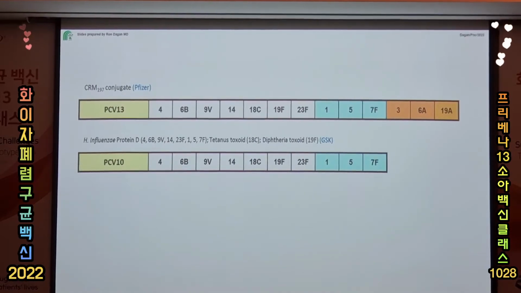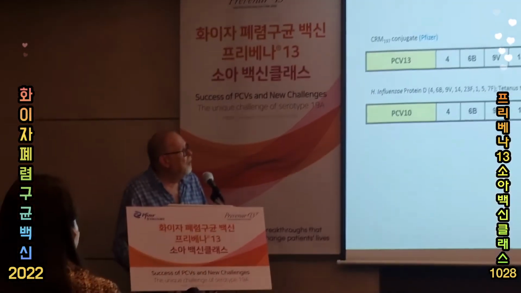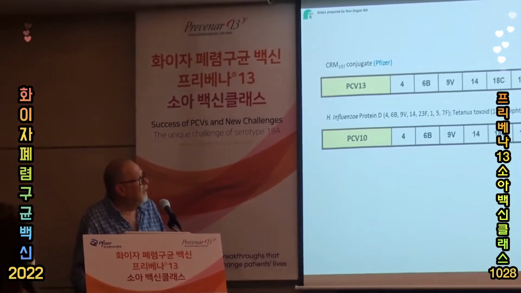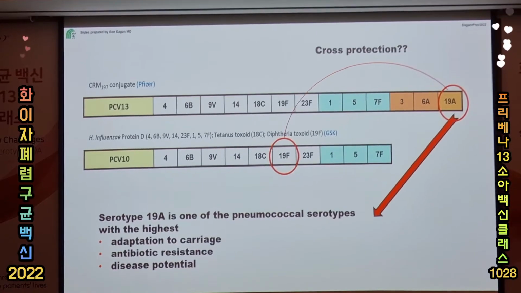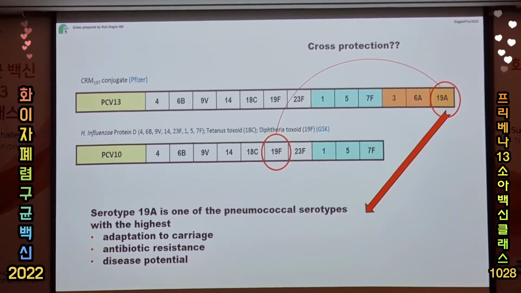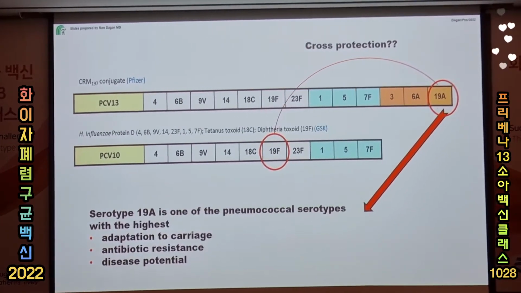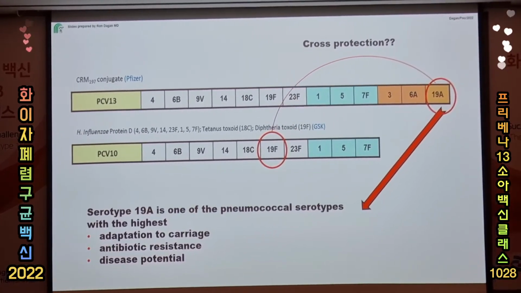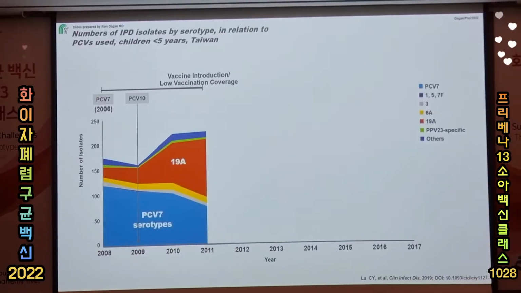Now, the people that produced PCV10 were hoping that the 19F, which is a cousin of 19A, in their vaccine, will be able to take rid of 19A also. And this was their hope, and this is why they did not produce it with 19A. And they were wrong, as we're going to see very soon.